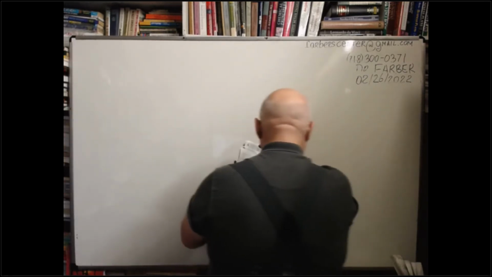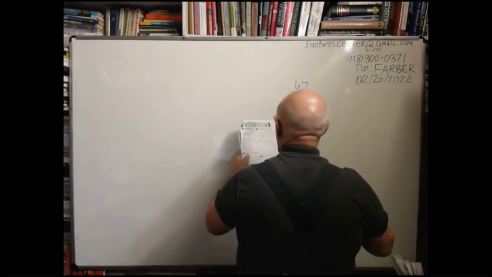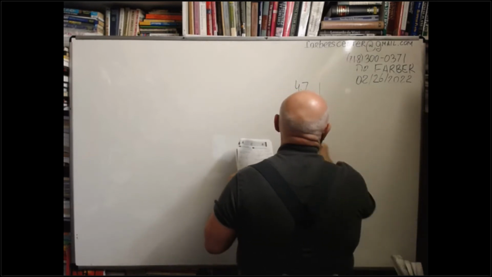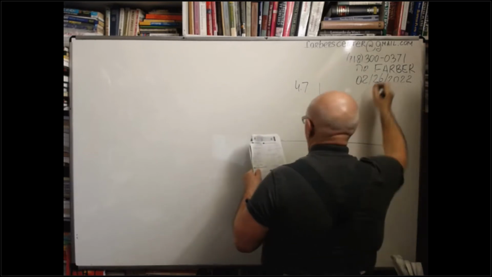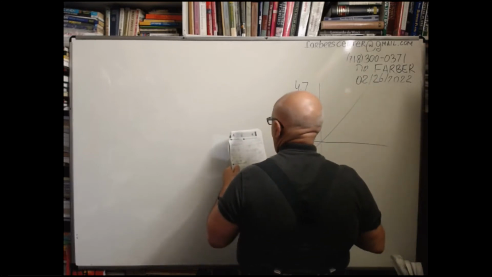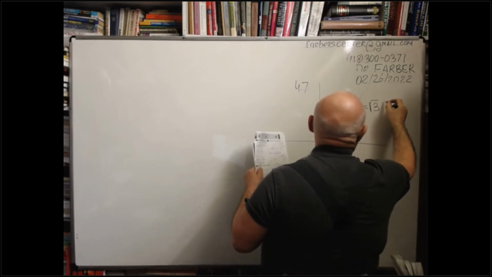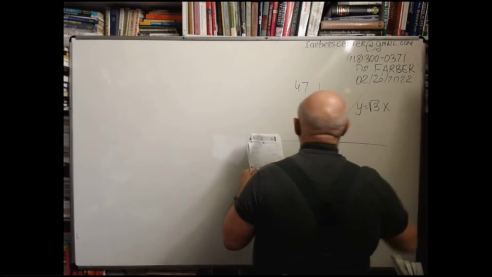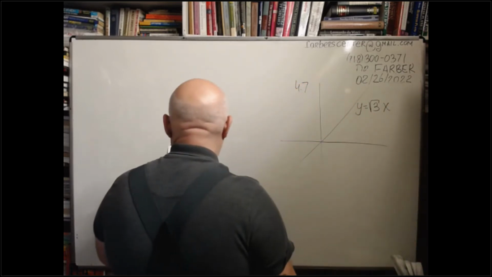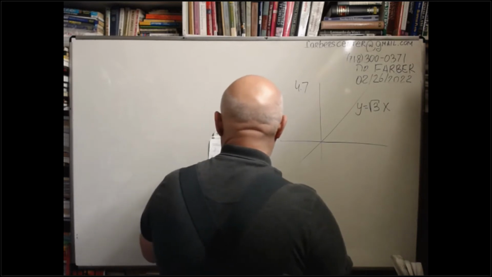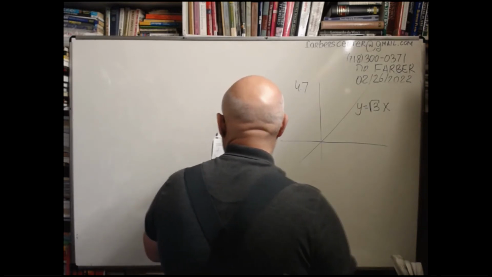What do we have? Make a picture first. We have Cartesian coordinates, and we have a line. The line is y equals square root of 3 times x. The question is: what is the measure in radians of angle POR?